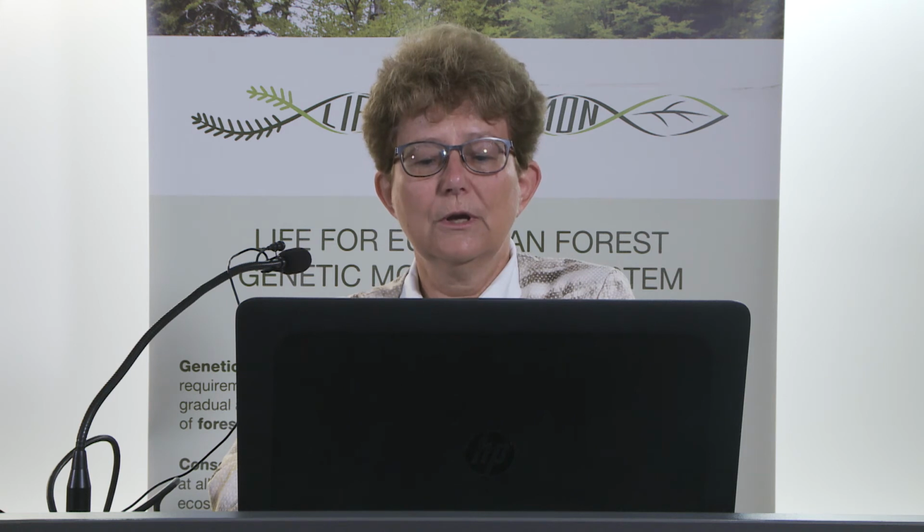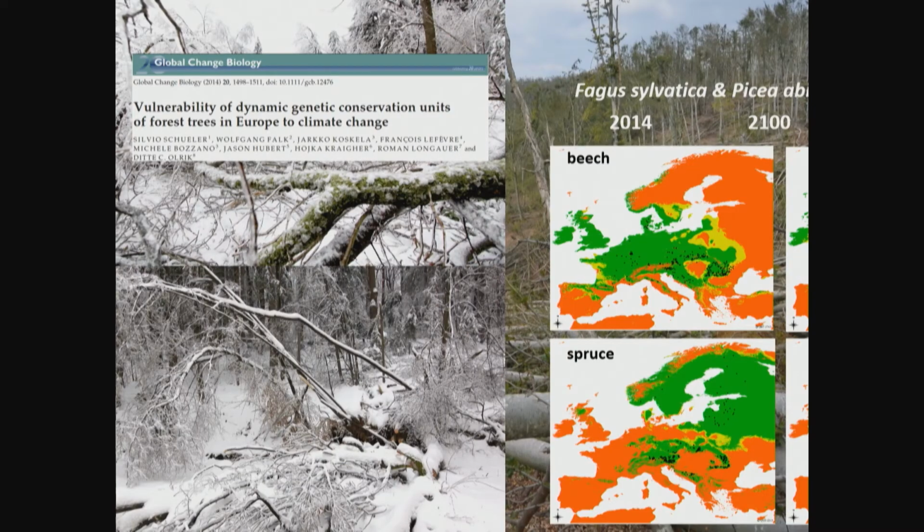It needs to be further developed, since, as we can see here, modeling the simulations of the future distribution of even the mother tree in Slovenia, such as beech, shows it is going to be diminished radically in the future.